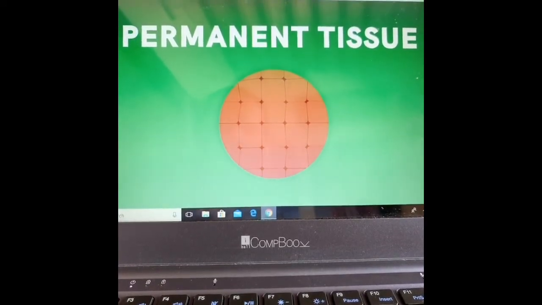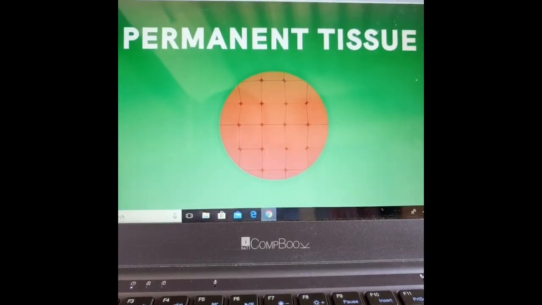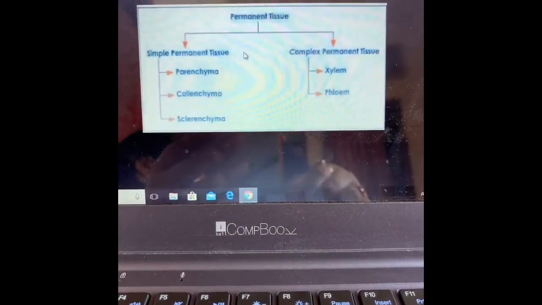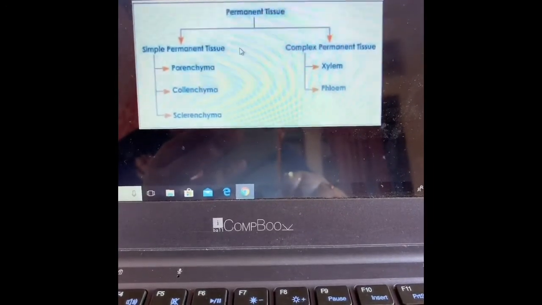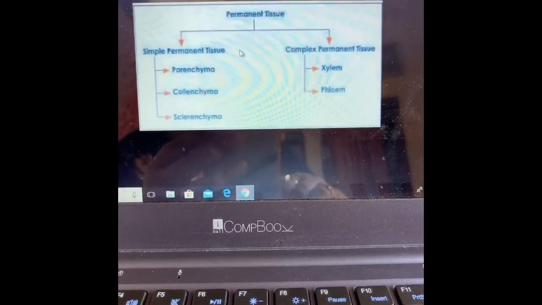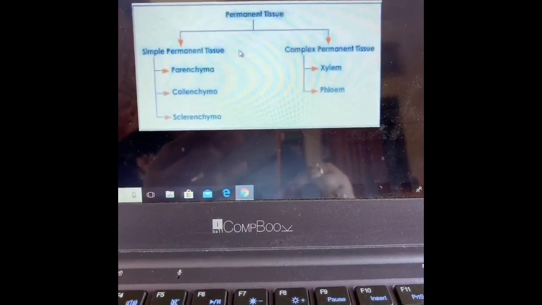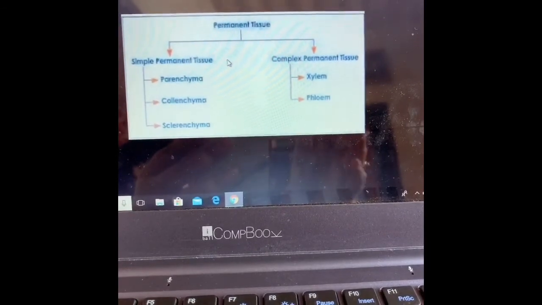Permanent cells normally do not divide. Permanent cells can be living or dead. Permanent tissues can be simple permanent tissue or complex. Simple permanent tissues can be parenchyma, collenchyma, sclerenchyma, and complex permanent tissues would be xylem and phloem.